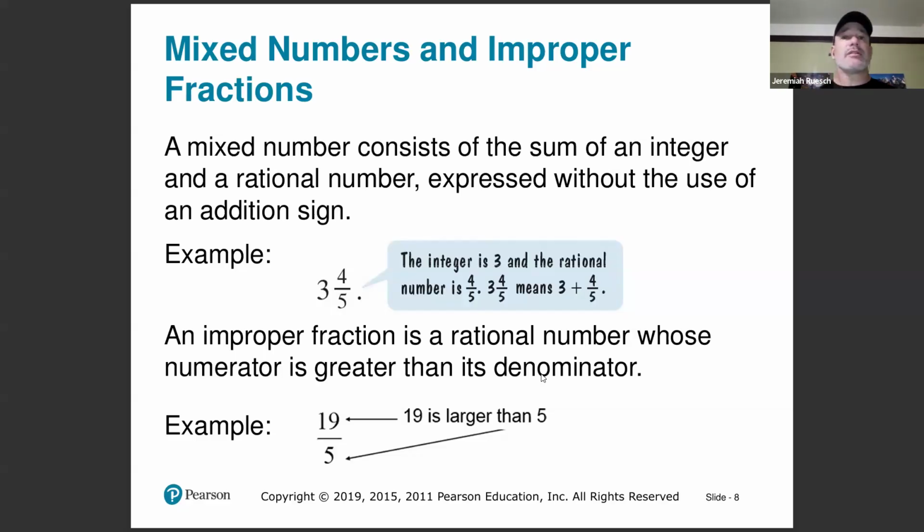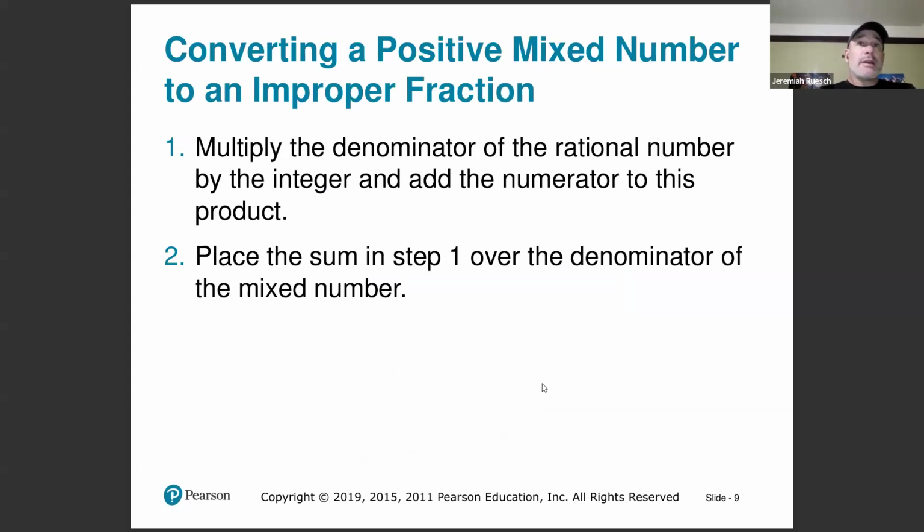So this number written as a fraction bigger than 1 would be 19 over 5. Converting between a positive mixed number and an improper fraction, that's what I just explained in the previous slide. So multiply the denominator by the whole number part, and then add the numerator of the fraction.